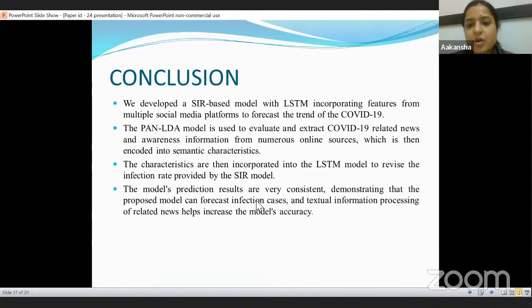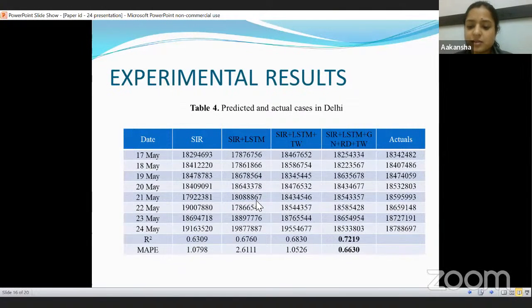Actually, we are improving this model by including an evolutionary algorithm through which we can optimize the parameters. So we are working on the improvement of this model. In this, we have only considered the SIR model.